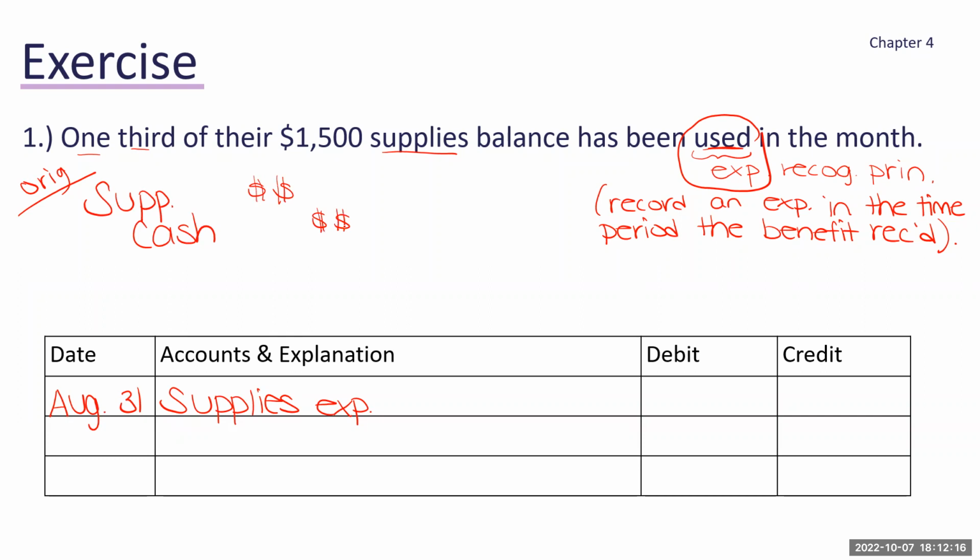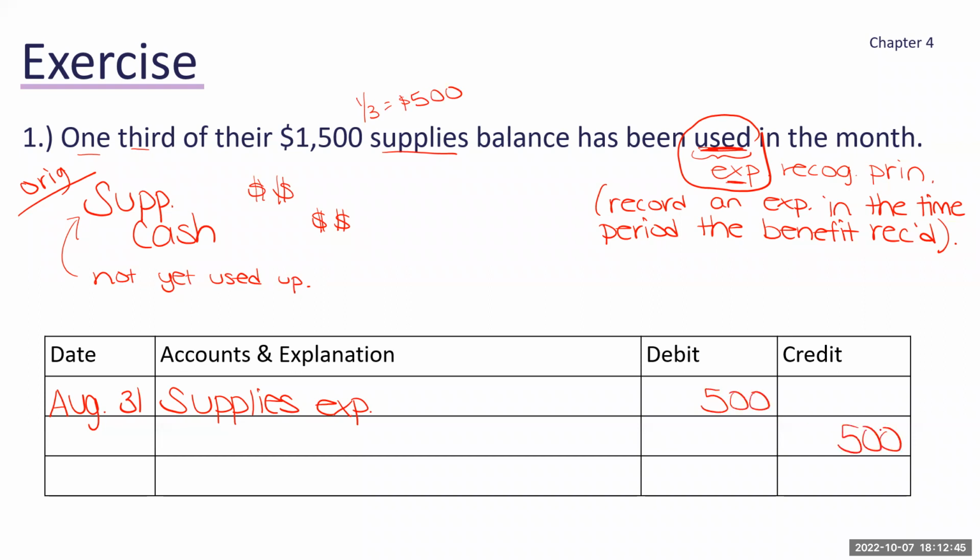Some of you asked why. It's because we had not yet used it up. But as soon as we do use it, we have to record the expense to be in compliance with the expense recognition principle. Only record the amount that's been used. So 1/3 or $500 will move to expense.